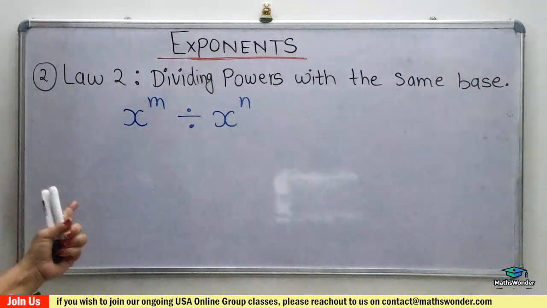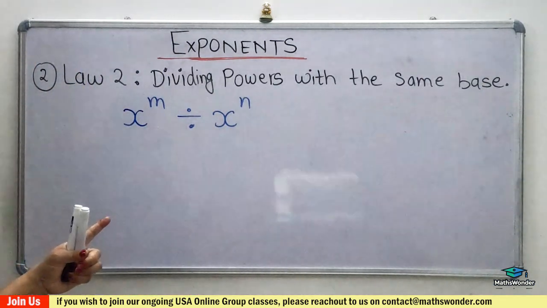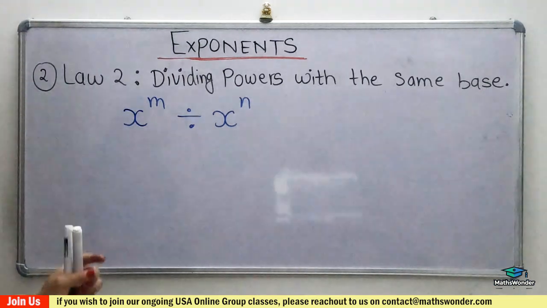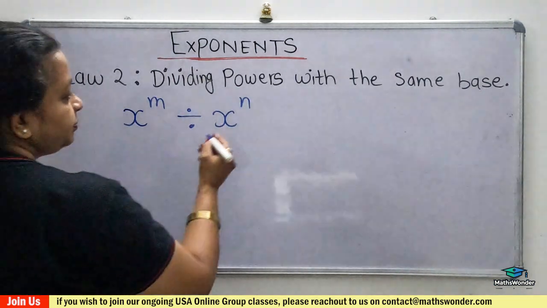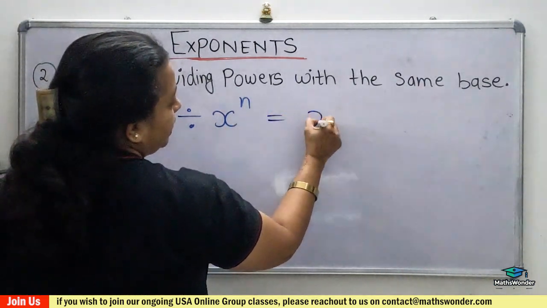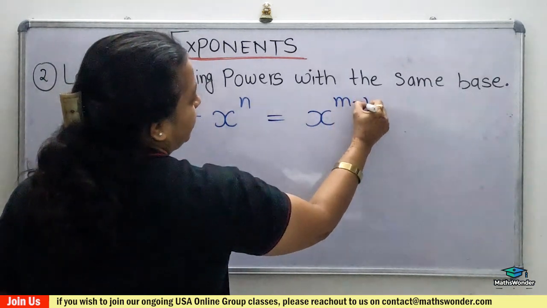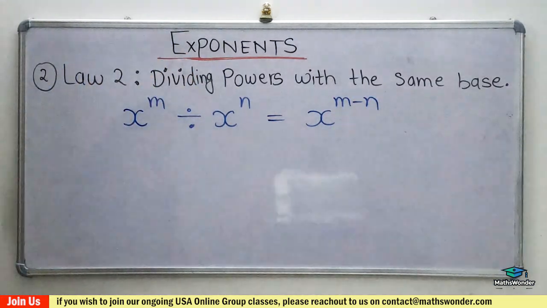Same thing, only the multiplication sign, instead of multiplication, we use division, okay? So you will subtract in this part. That's the same thing in the opposite way, but there are 2 variations.